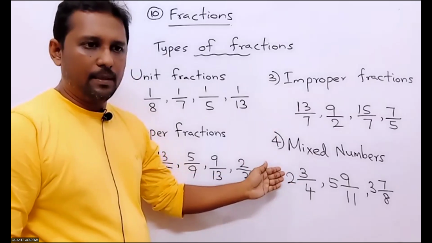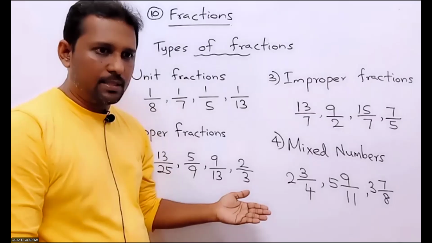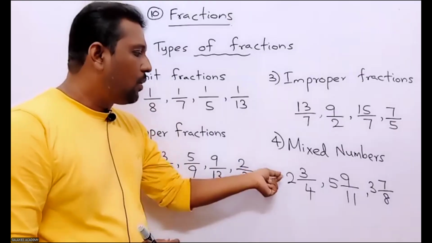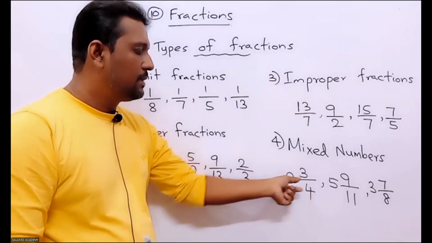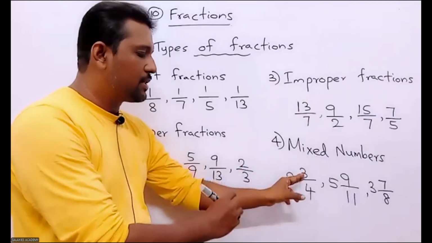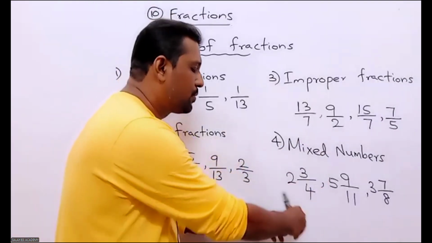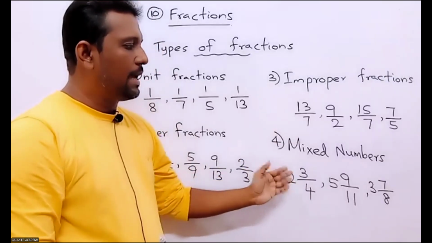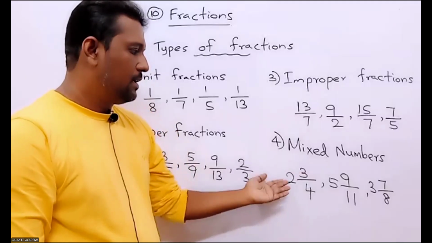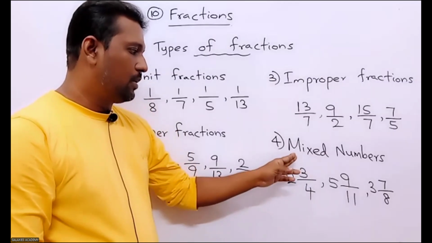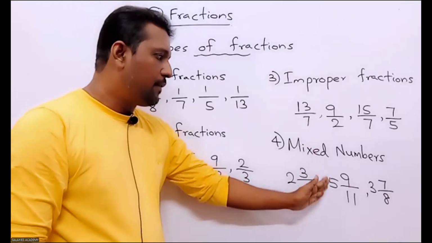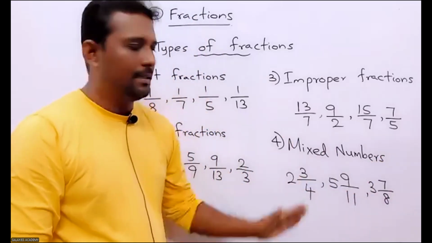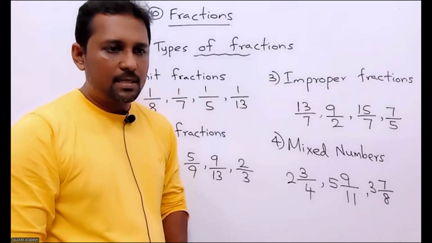When you write mixed numbers, you have to use a whole number and a fractional part written together. The examples I wrote here: 2 and 3 over 4, 5 and 9 over 11, 3 and 7 over 8. Like that, fractions are known as mixed numbers.